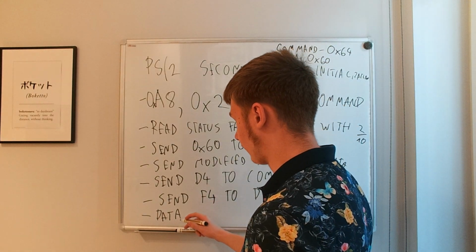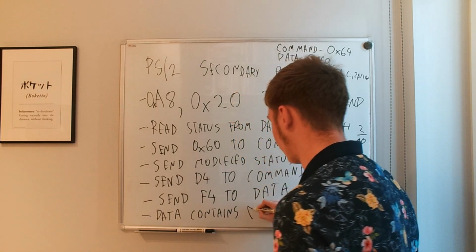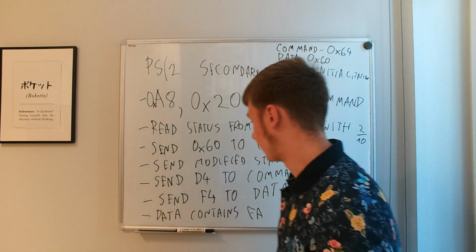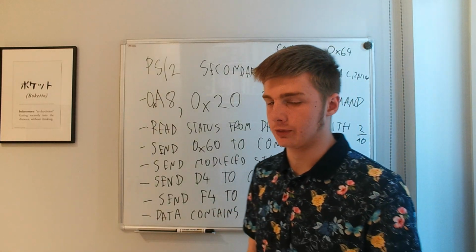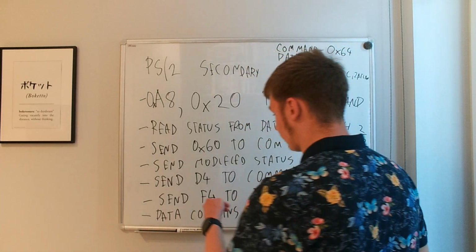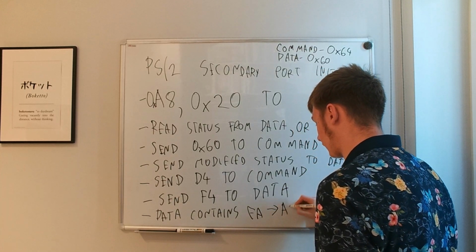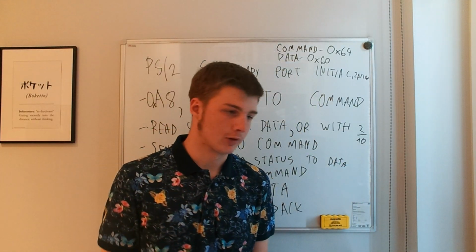If data contains FA, because it's not equality, since by data port I'm referring to this, I don't want to say that it equals FA. I just want to say that if the data port, if we read from it, and what we read is FA, then this is an acknowledgement. So this means, hey, you've managed to configure everything safely.